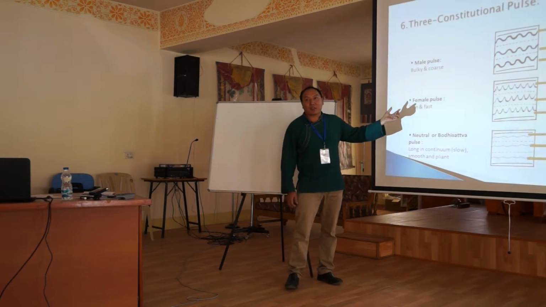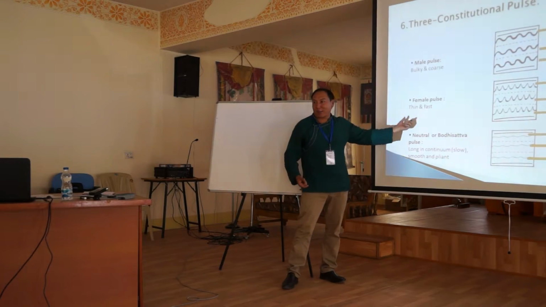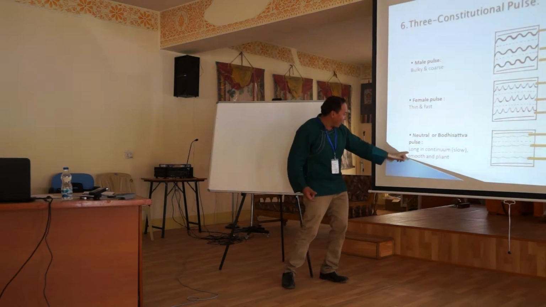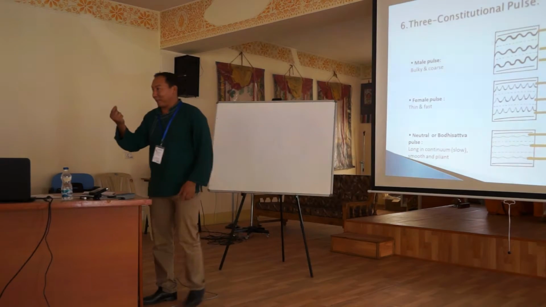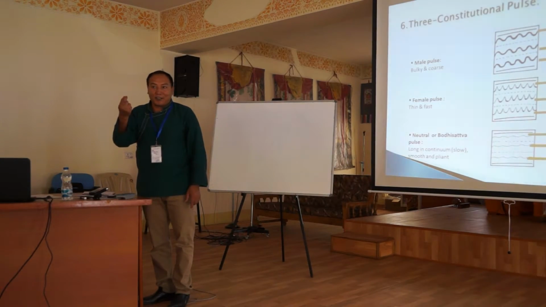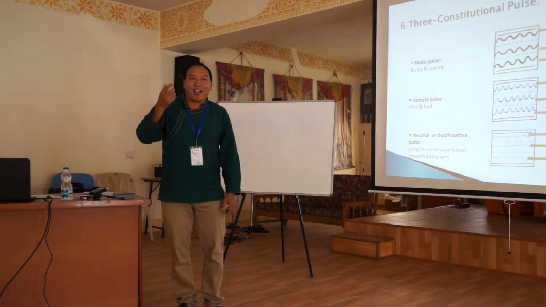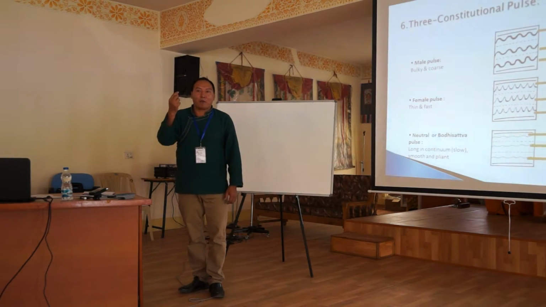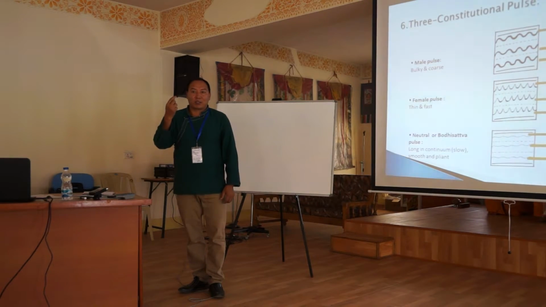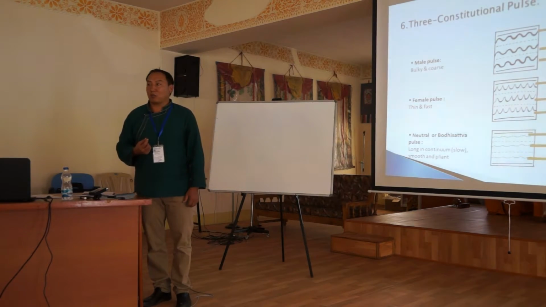Now, if both of the couple, husband and wife, have the neutral pulse characteristic, long and continuous, slow and smooth, then the couple will not have a child. Do you understand? You may think it's very funny, unreasonable. But this case is very common clinically. I have met many such patients.